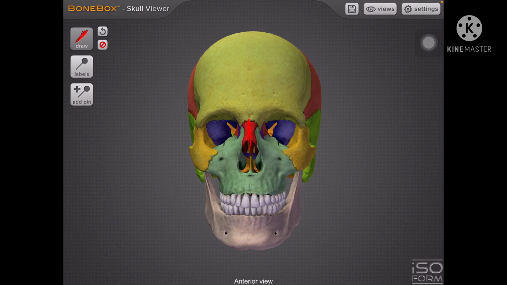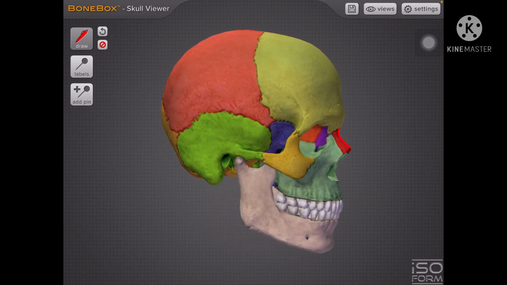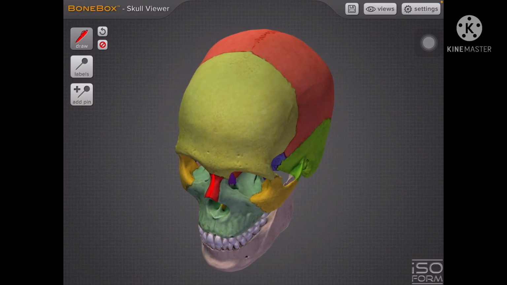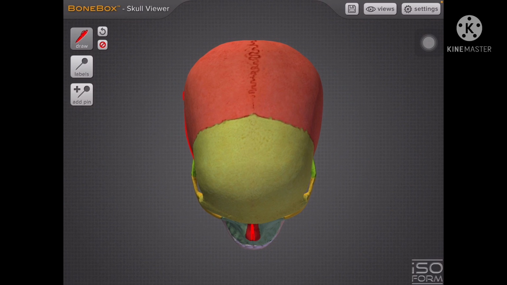Also, there is the squamous suture. See here, this is the squamous suture, present between the temporal bone and parietal bone. Next is the serrate suture. The coronal suture which I have shown and explained previously is an example of a serrate type of suture.